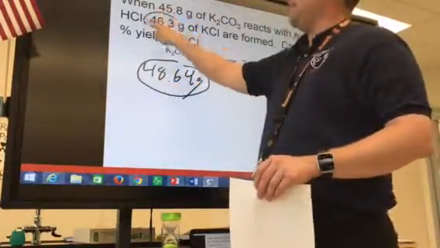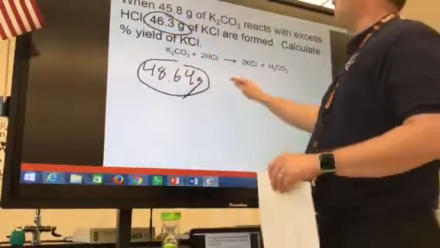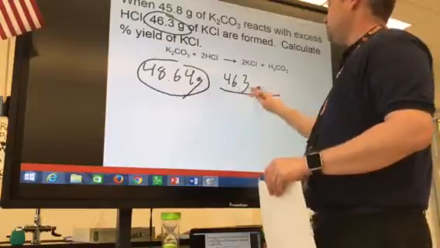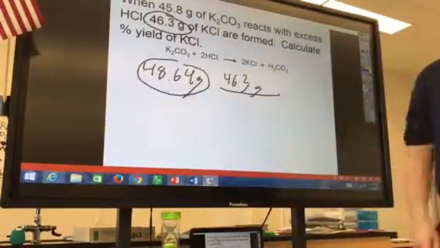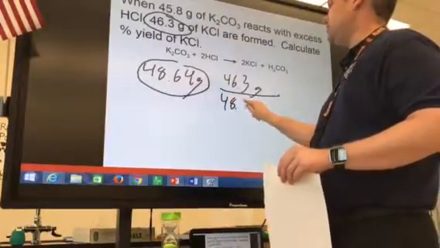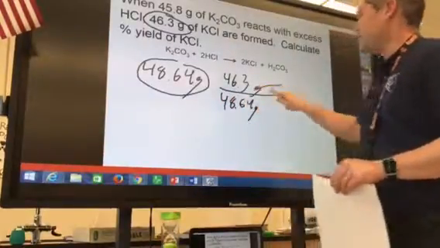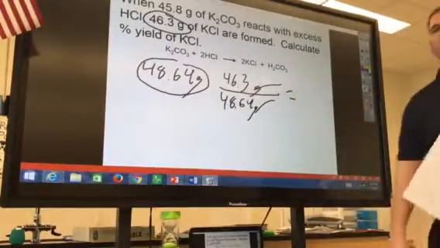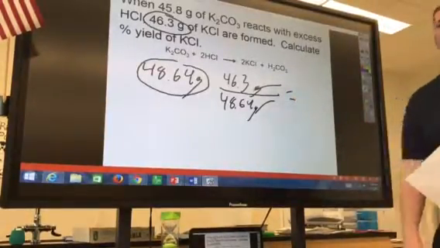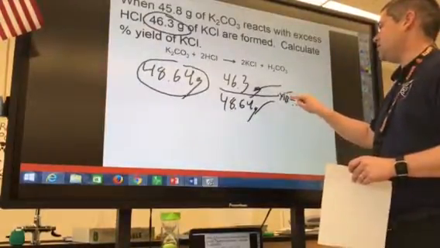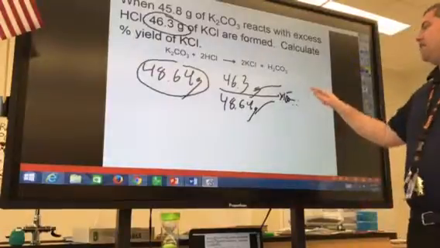Now I take my actual right here, which is 46.3 grams, divided by my theoretical, 48.64 grams. Grams cancel. So I go 46.3 divided by 48.64 times 100 equals 95%.